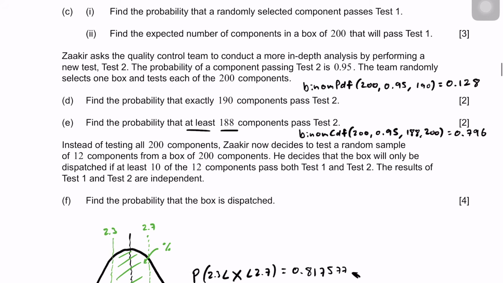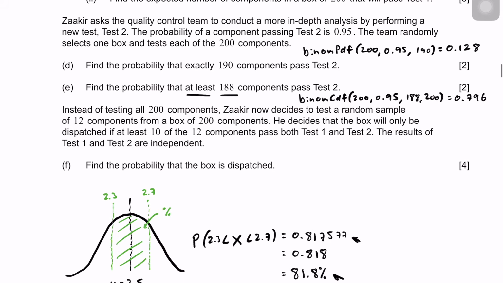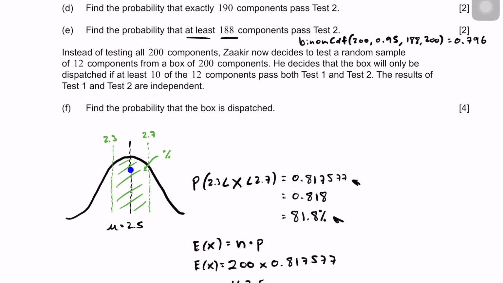So to pass test 1, a component needs to be between 2.3 and 2.7 grams. We found that earlier in C1. Here it is. And we said, okay, a component will pass test 1 81.8% of the time. So he reaches in, grabs one of these components, subjects it to test 1, and 81.8% of these components go through.